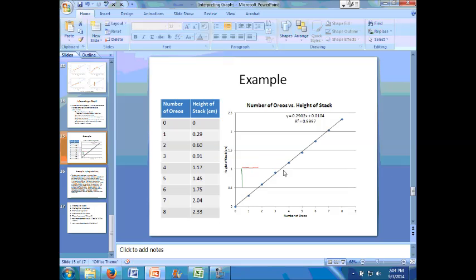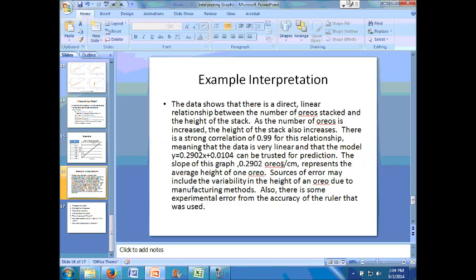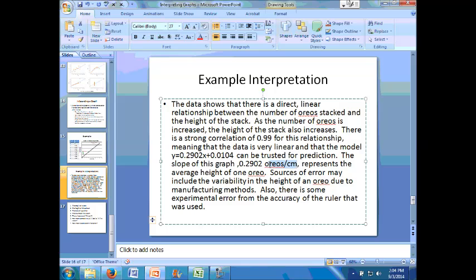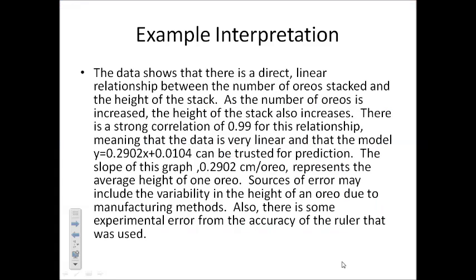So this should be centimeters per Oreo. And so that's going to represent the average height of one Oreo. It's centimeters per one Oreo. So that's how tall each Oreo should be, which is about 0.29 centimeters. So about a third of a centimeter.